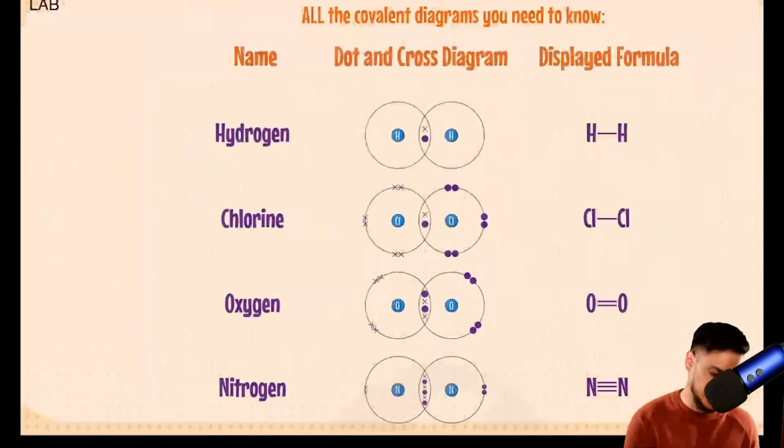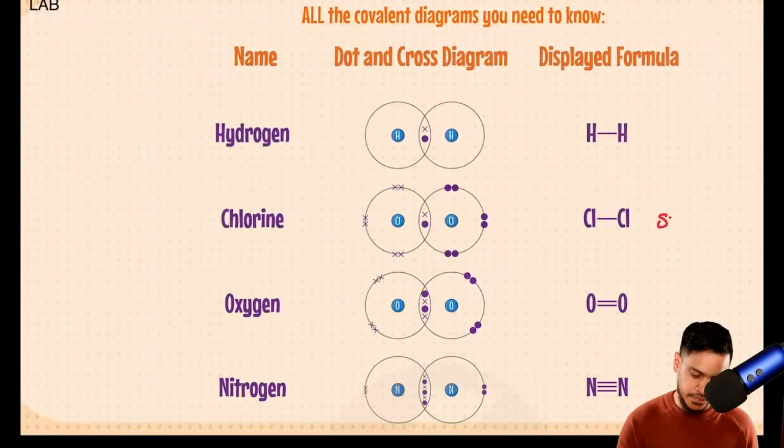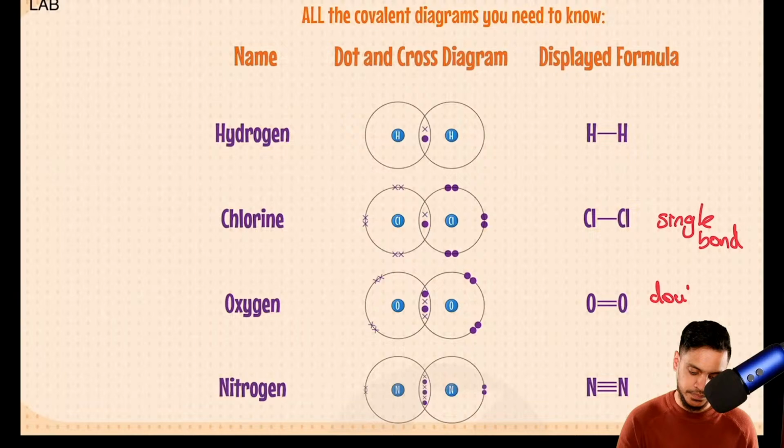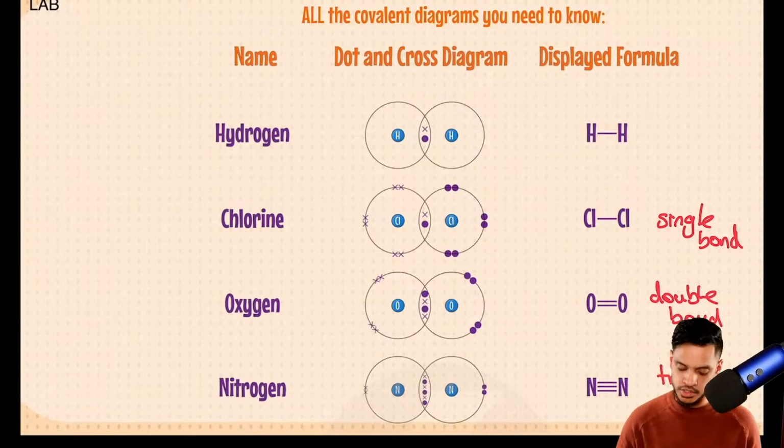Each pair corresponds to 1 covalent bond: single bond, double bond, and nitrogen's a triple bond. I don't think you'll come across another triple bond in GCSEs, so it's all good.